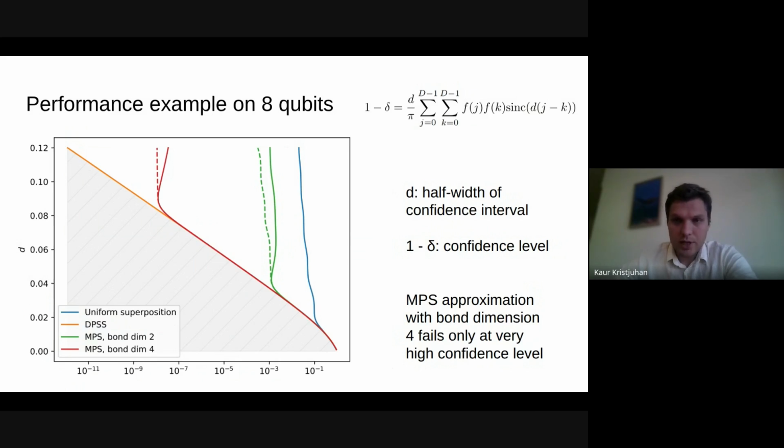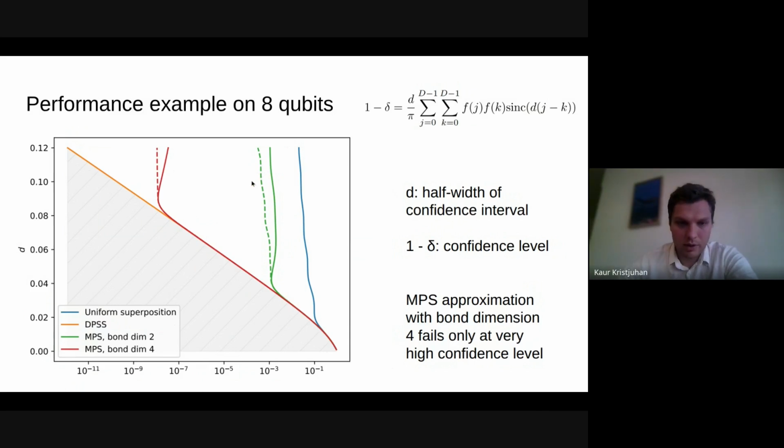Now our goal is to see how well our MPS approximations do compared to the ideal DPSS state. The comparison that we do is the following. If you take the DPSS state which was used to get this point on the graph, and you make an approximation of it with the matrix product state, and then you calculate again, based on that, what the confidence interval is for that state, then you will get the point here, which is translated horizontally.